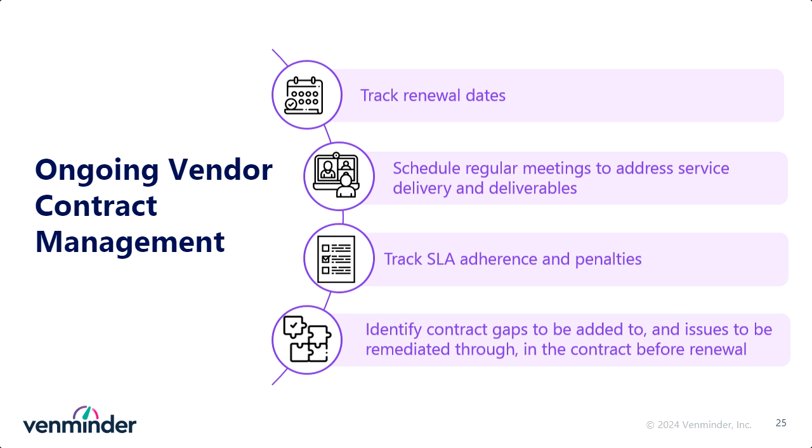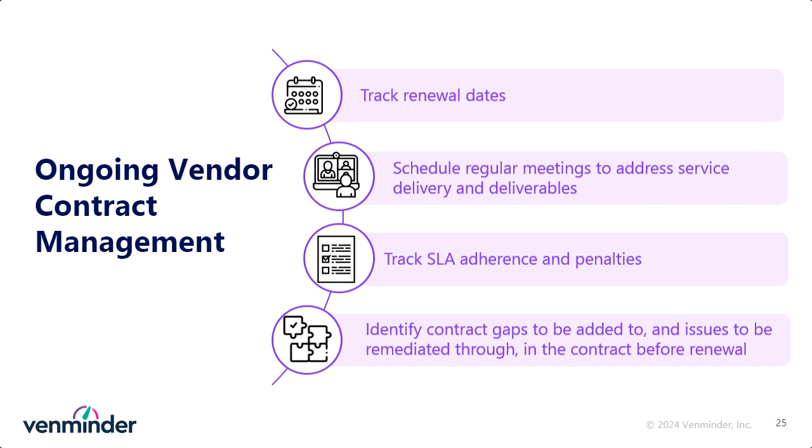timely. Another is to schedule regular meetings to address the service delivery, the service expectations, and any deliverables that they might be doing. So this is where meeting with your vendor on a regular basis, your provider on a regular basis, is really important for the relationship as a whole.